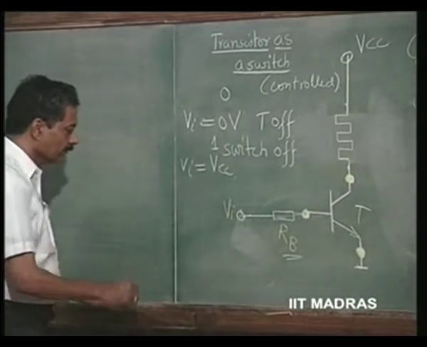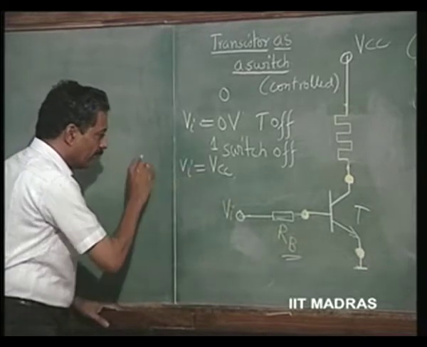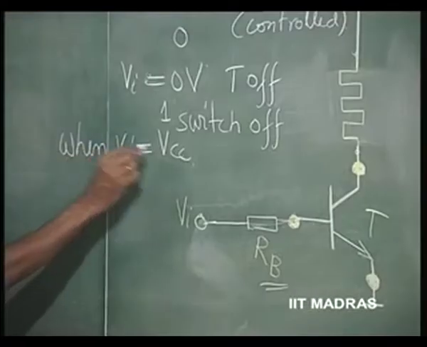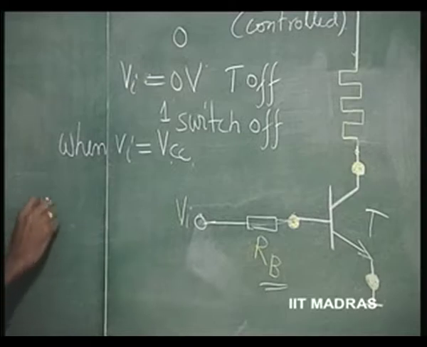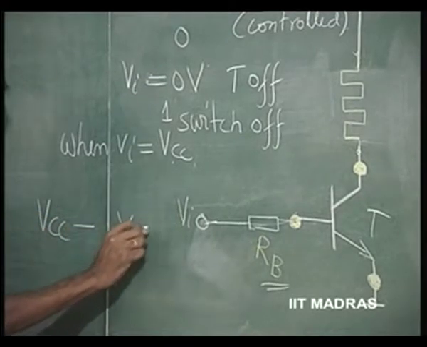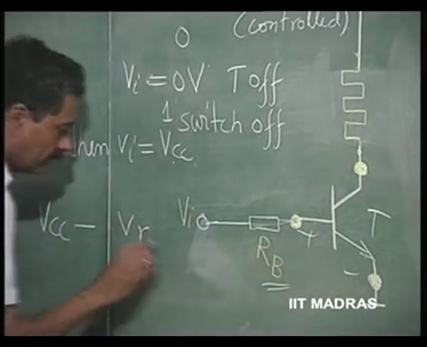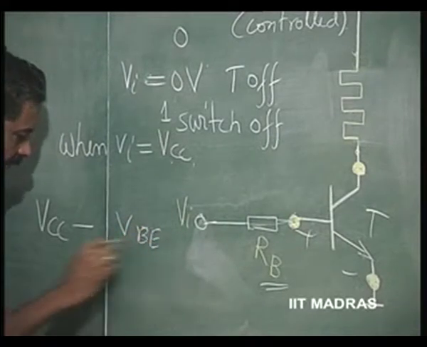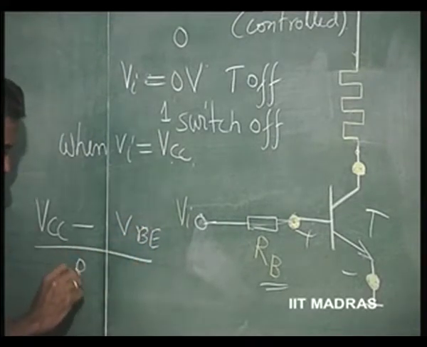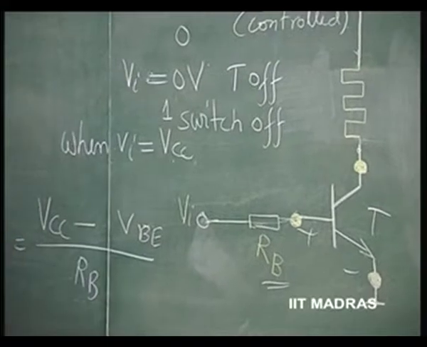What is the current now? So, when Vi is equal to Vcc, the current is going to be Vcc minus V gamma, which is nothing but Vbe, divided by Rb, that is the base current.